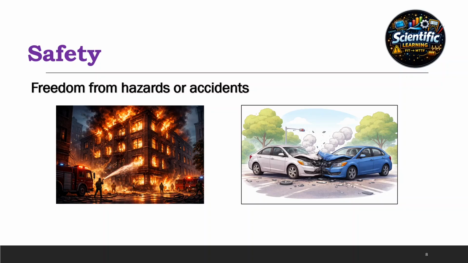Finally, we will look at the term safety. Safety is basically freedom from hazards or accidents, while reliability and availability focus on failures, minimizing failures and even repairs after failures respectively. Safety lays emphasis on protection of humans, environment, infrastructure, etc. from destruction and harm.